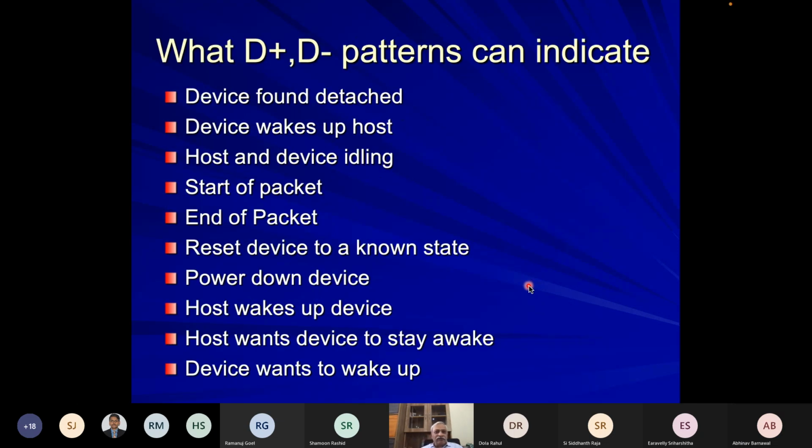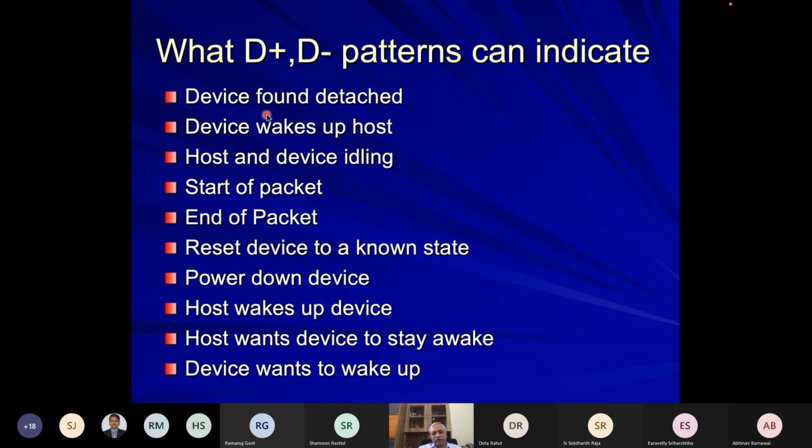So within these two wires, D plus and D minus, you can represent many things. Of course they carry the data, but the way you switch these, you could indicate many kinds of events. You have many events as you can see here. It could indicate the device is detached.